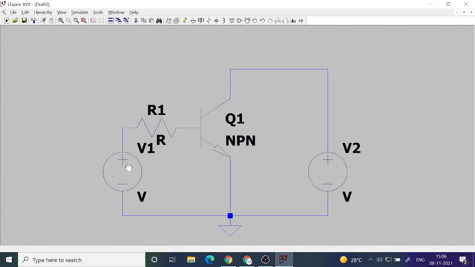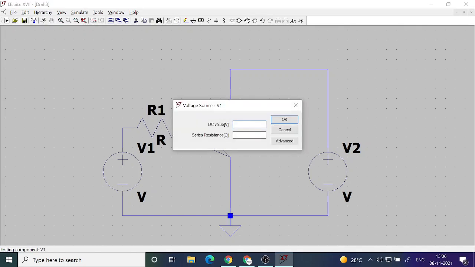In order to forward bias, I have to give a positive voltage here. So let me give a positive voltage, say 2 volts. Since I have put a resistance, I can give 2 volts. But if I am not putting any resistor, I should give 0.7 or 0.75 like that. Otherwise, we will end up destroying the device.